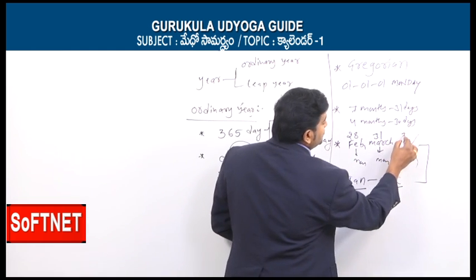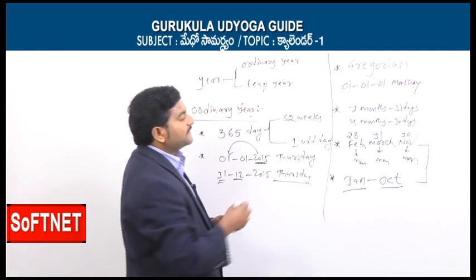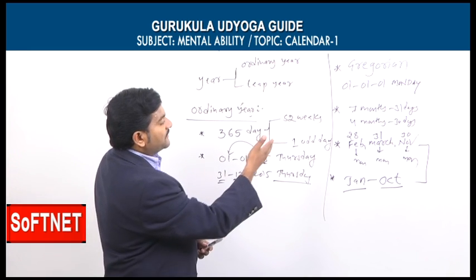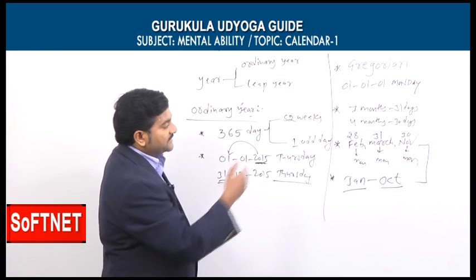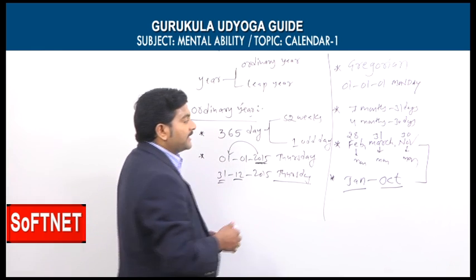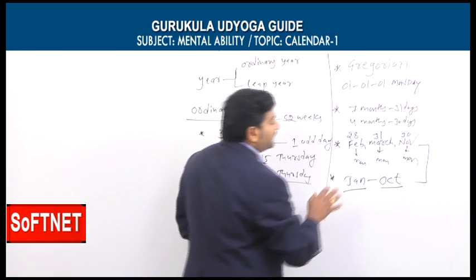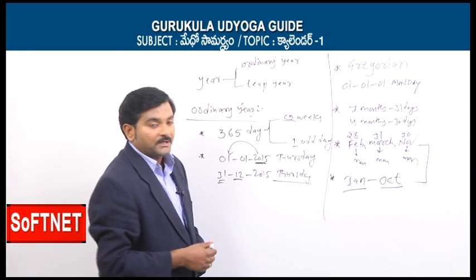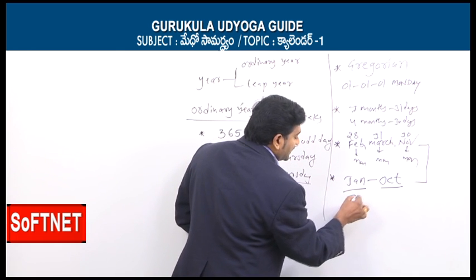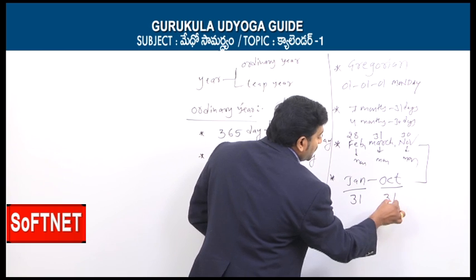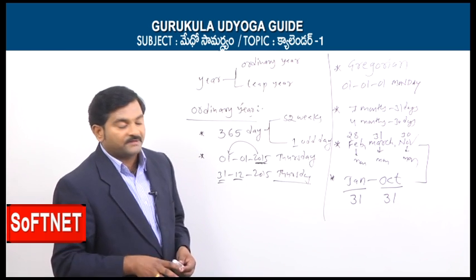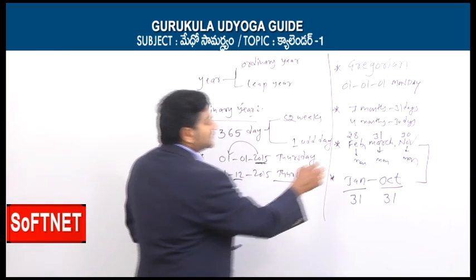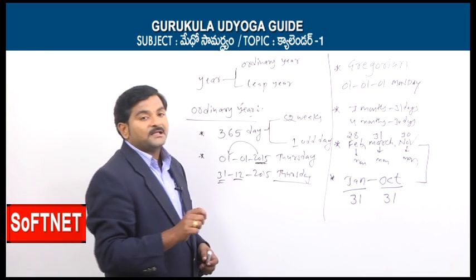November? Only 30 days. So in these 3 months the number of days are different, so they start with only the same day. But when it comes to January and October, January has 31 days and October also has 31 days. That's why these 2 months are said to be same calendar months, whereas these 3 months are said to start with only the same day.